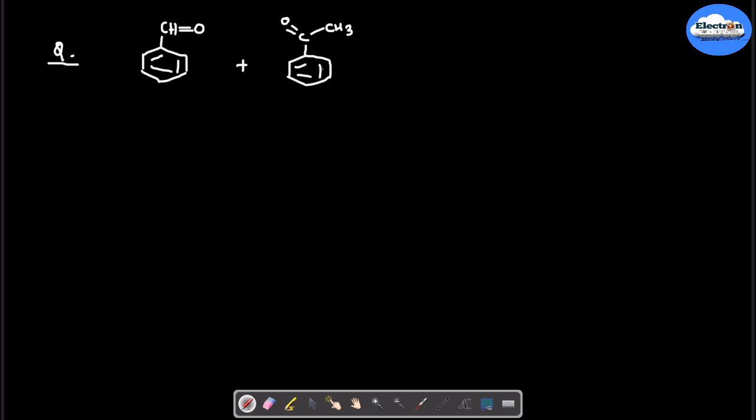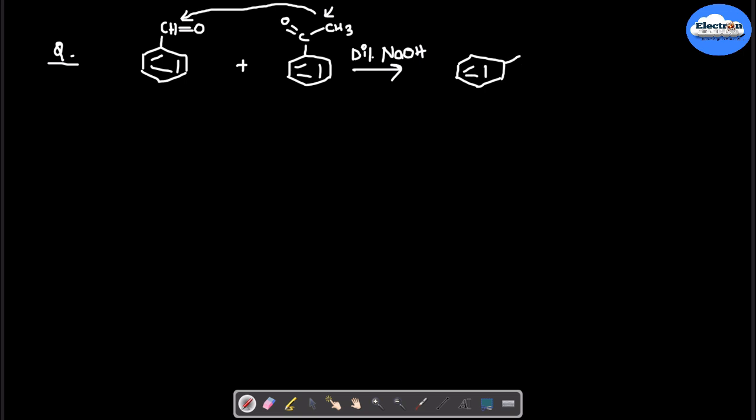Okay, so now the trick is here: this CH3 group will get enolated and it will be attached to this CH double bonded O, that is the carbonyl or aldehyde functional group, and the reagent used is dilute NaOH, that is the base. Okay, now the compound that is formed is called aldol, as we know.